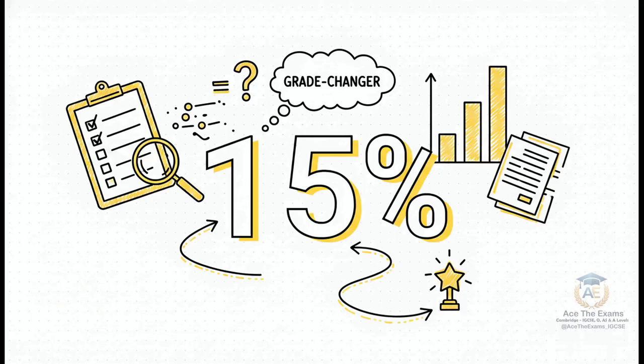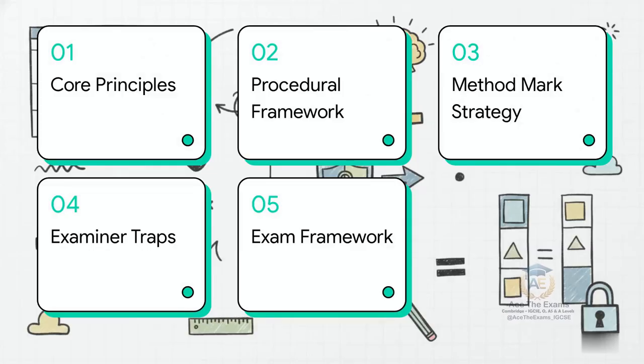It is the gap between a perfectly fine score and a truly exceptional one. If you can figure out how to effectively demonstrate your knowledge on just this single topic, you are securing a massive, massive chunk of your final grade. So yeah, the stakes are undeniably high. But the good news? The path to securing those marks is actually incredibly logical once you know exactly what the examiners are hunting for. Okay, let's dive into this.